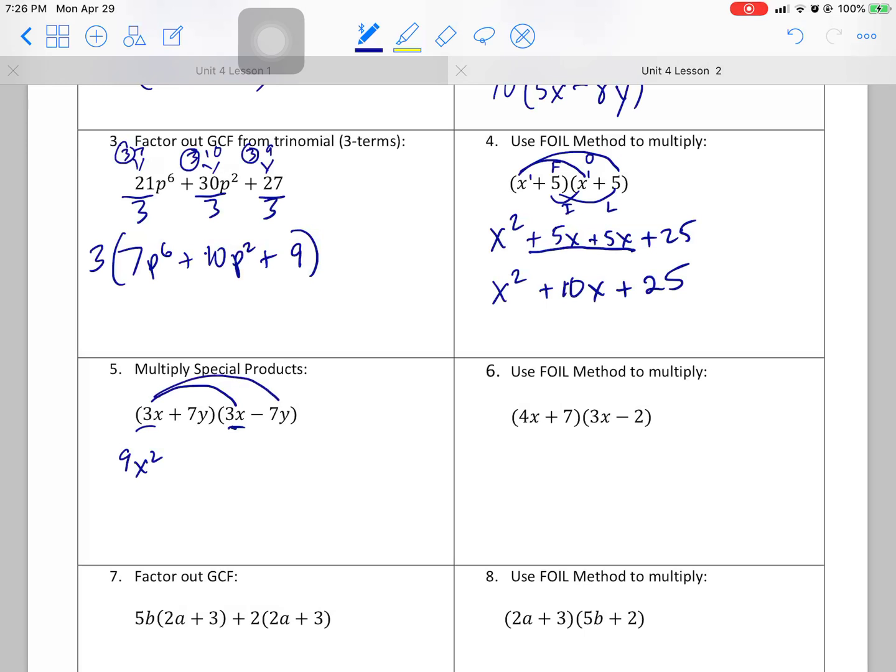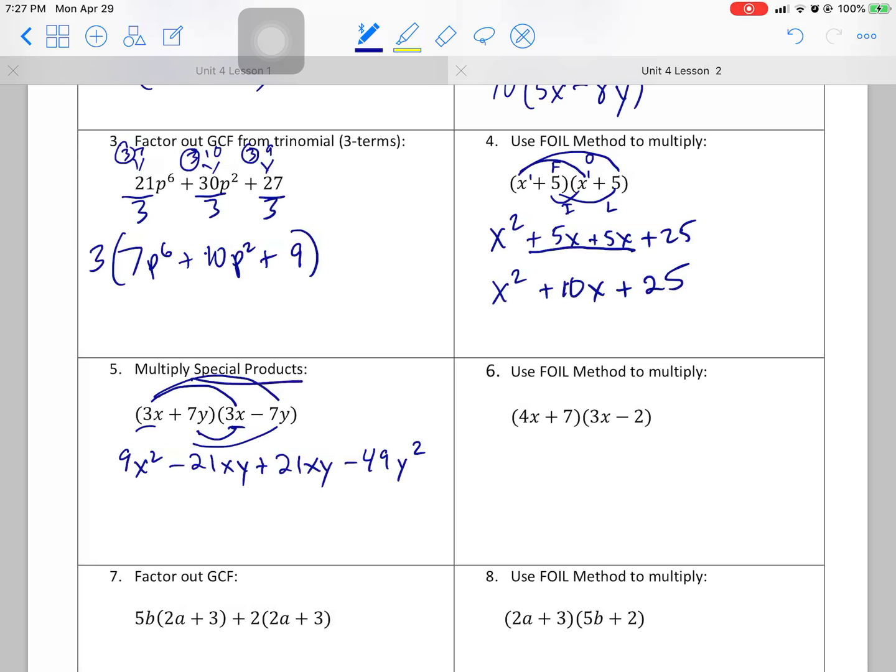And then this one here, negative 21xy. Okay. This one here, positive 21xy. And then 7 times negative 7 is negative 49y squared. Right, 2 y's, add the exponents.